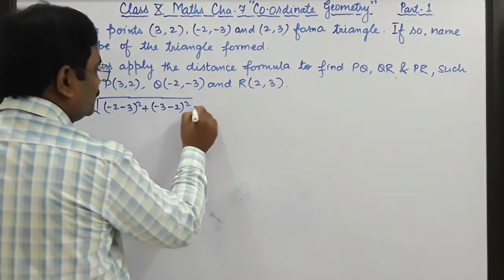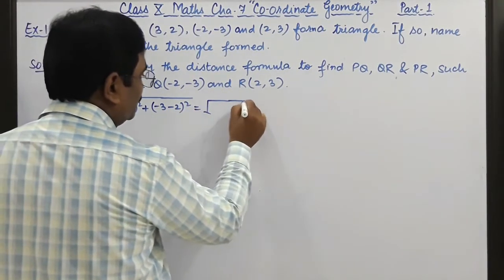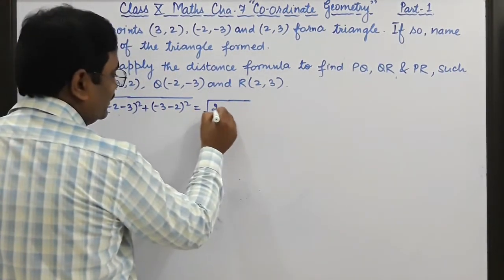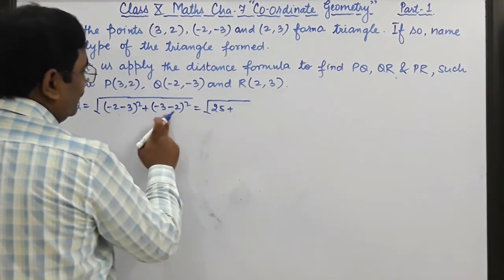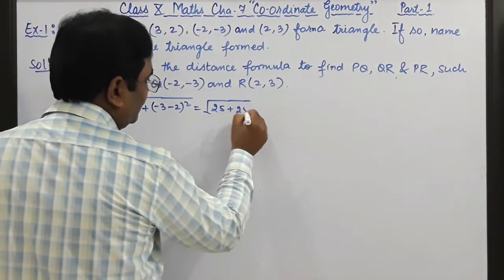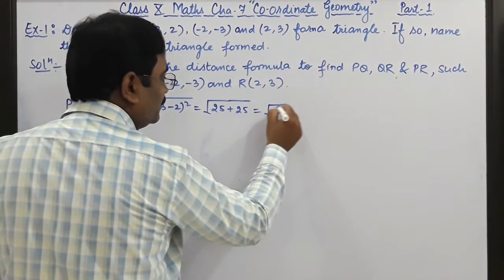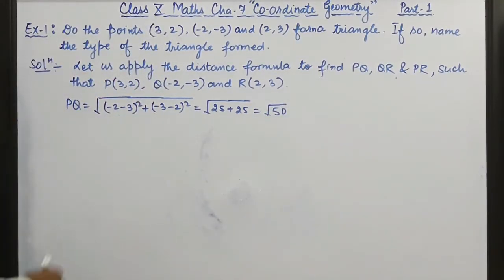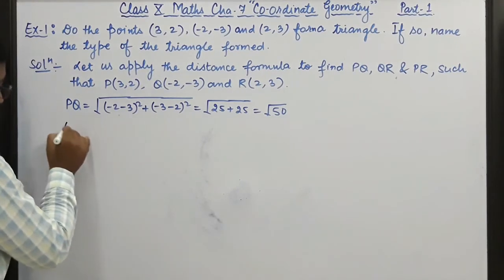So this is equal to under root 25 plus 25, which is equal to under root 50, right?